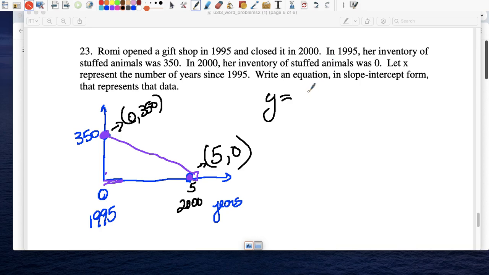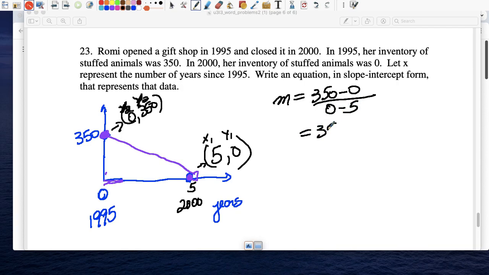Well, let's find the equation. So the slope is 350 minus 0, I'm going to make this y2, x1, x2, y2. Oh my god. x1, y1. So 350 minus 0, and then x2, which is 0 minus 5.